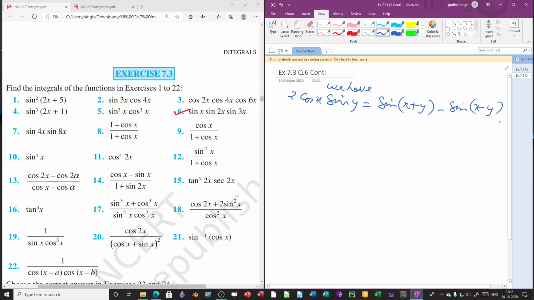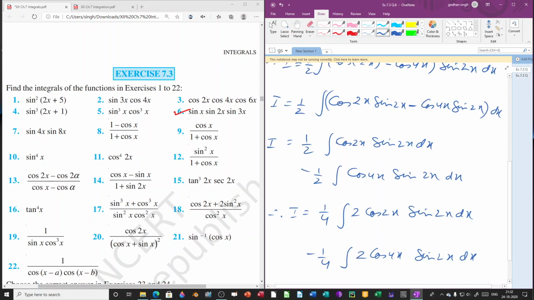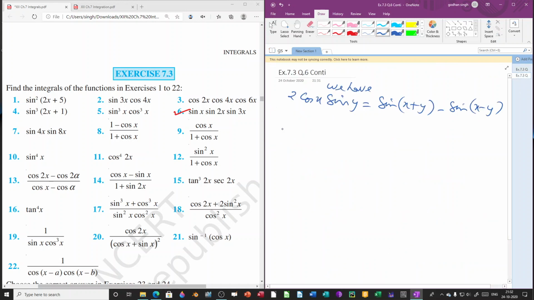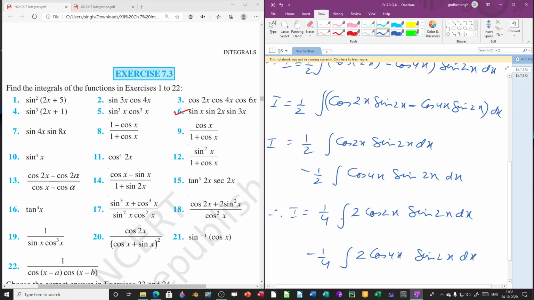So this is the formula we'll be applying. Let us apply this formula in our I. So we'll be getting I equal to 1 by 4, and this is our x, and this is our y.